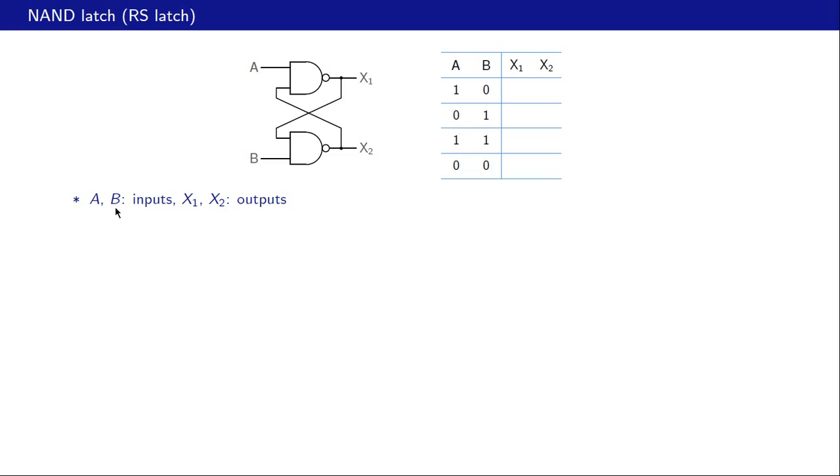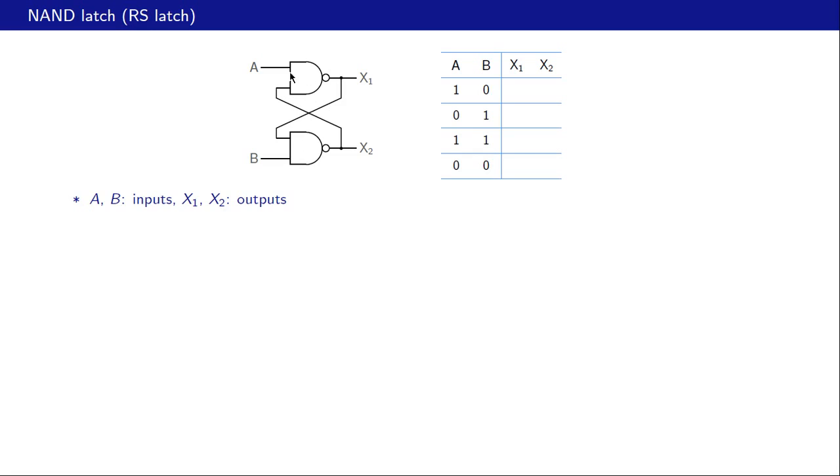Alright, so here is a simple sequential circuit, and it's called a Nand latch. Nand because it uses NAND gates, and latch, we will see why it is called a latch. It's also called RS latch, and the meaning of this terminology will also become clear very soon. Alright, so here are two NAND gates, gate 1, gate 2.